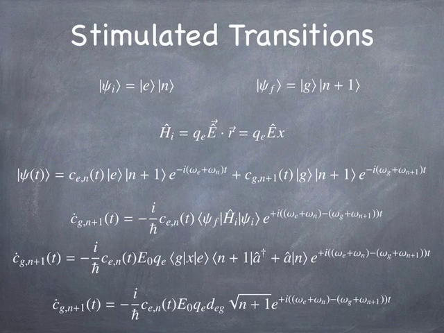Let's go ahead and evaluate those matrix elements. The GXE, I'm going to call that DEG. That's the dipole moment taken between the states E and G, or the expectation value of position taken between the states E and G. And then, of course, the electric field matrix element turned out to be the square root of n plus 1, just like it is for the simple harmonic oscillator.